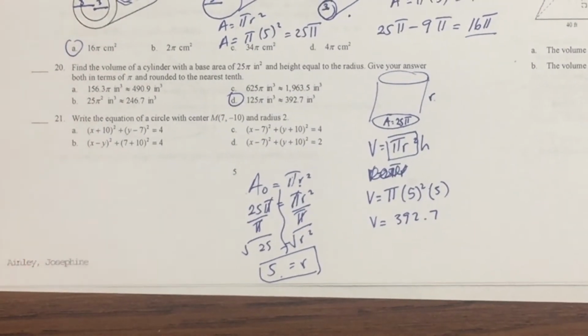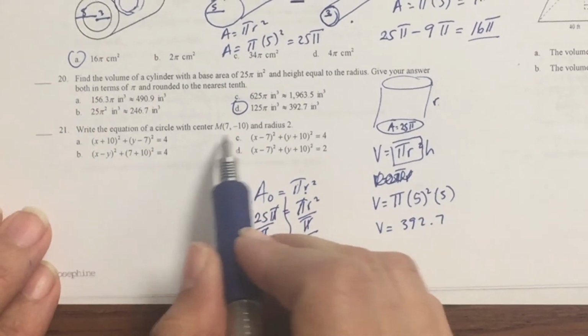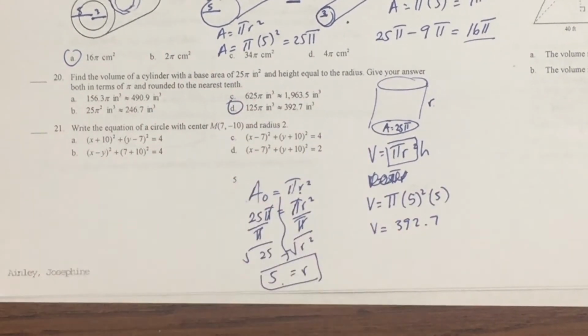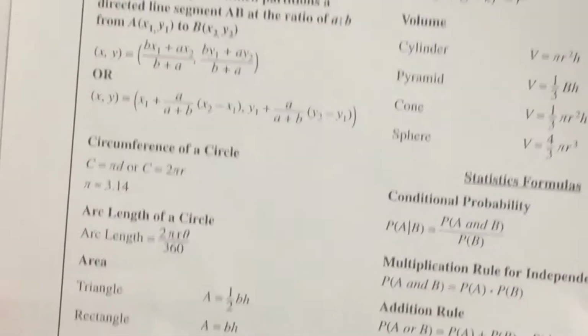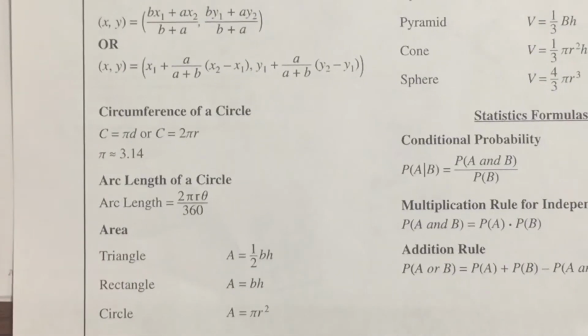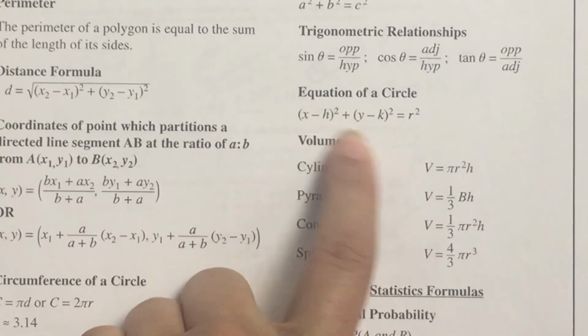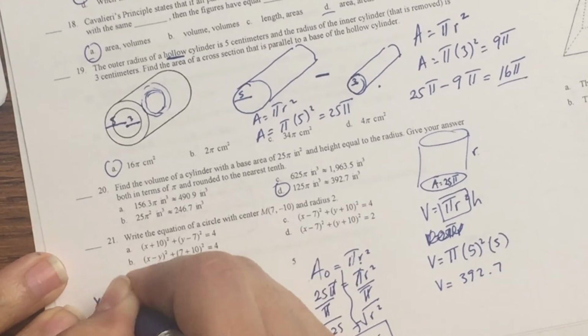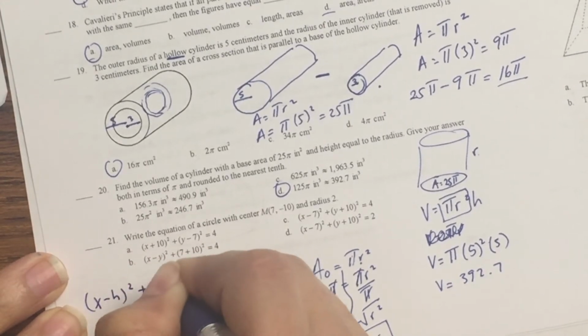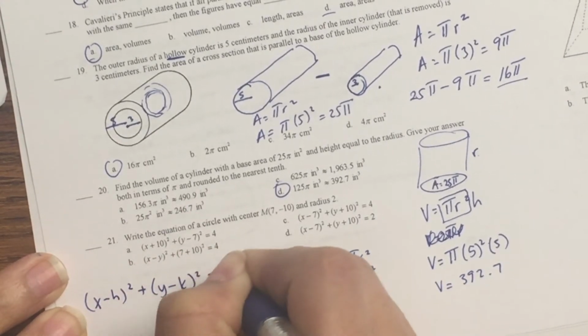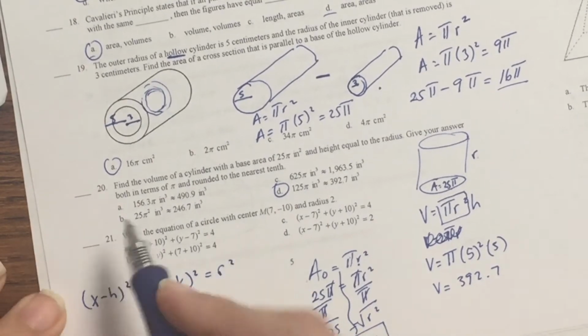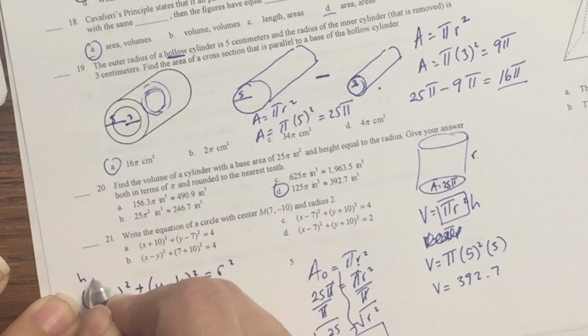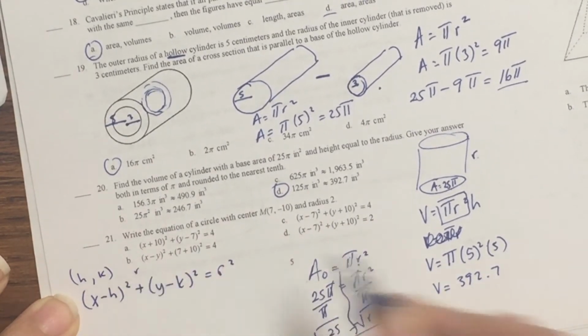All right, number 21. Write the equation of a circle with the given center. Remember, there is a formula. This formula sheet is like your best friend. The equation of a circle: x minus h squared plus y minus k squared equals r squared. H and k is the center and r is the radius.